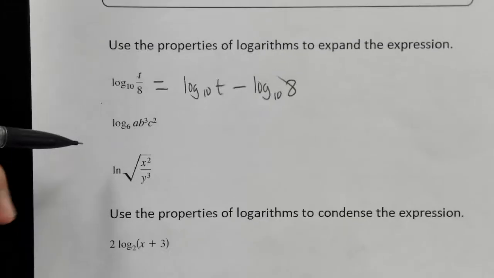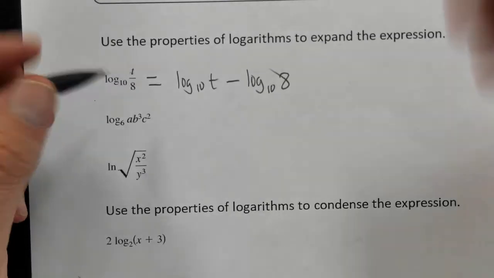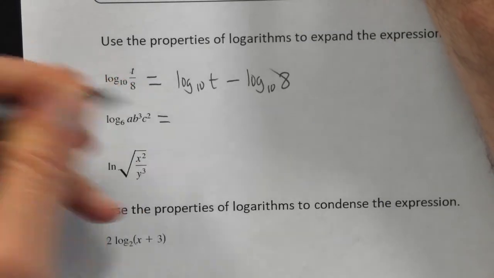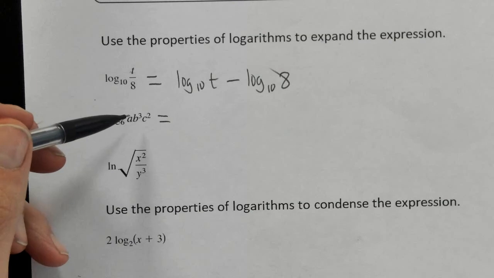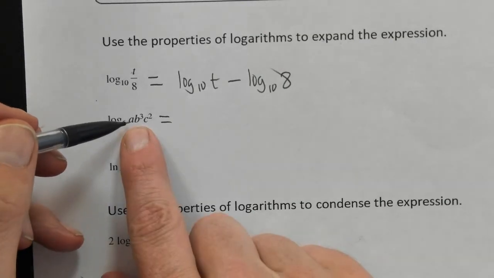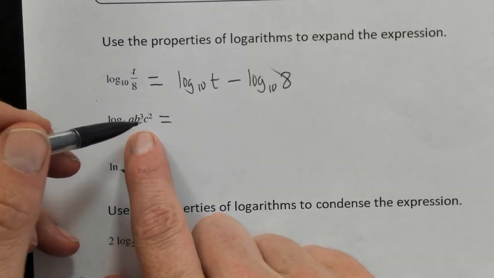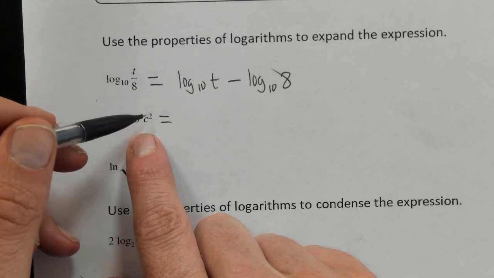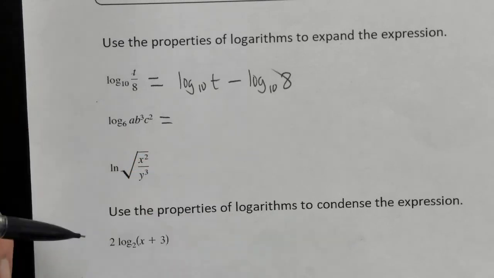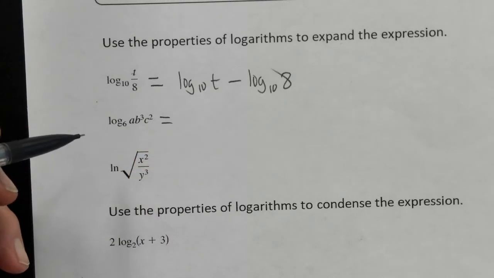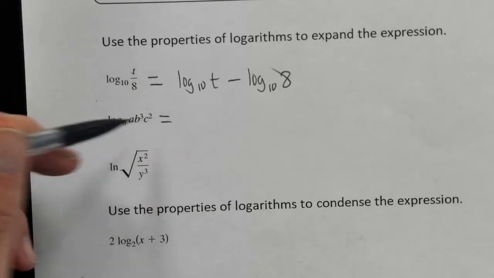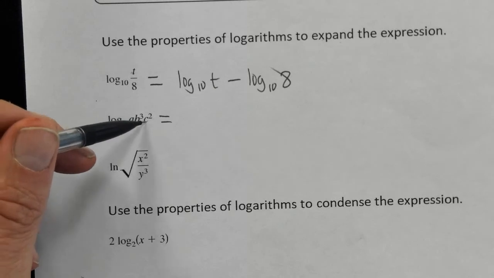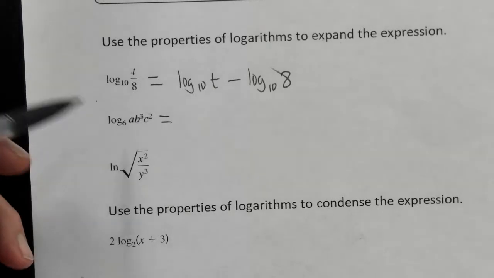The next one, we need to expand this. On this one, we're actually going to use two properties. We're going to use the product property because these are all being multiplied together. But we're also going to use the exponent property because two of these have exponents other than one. So what we'll do is take it out into sums, and it'd be three different sums because I've got three different products. When we get to B and C, we're going to take that exponent and write it out in front.